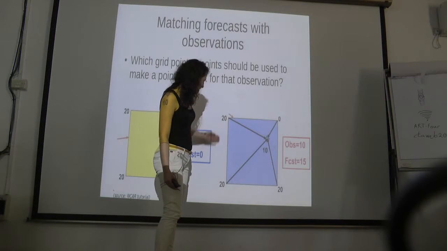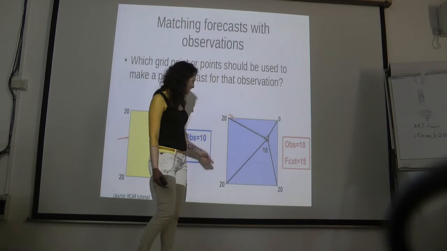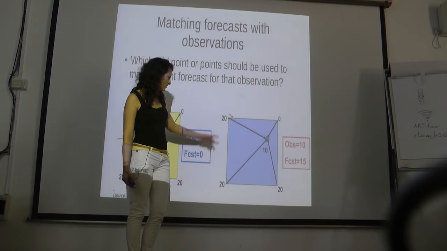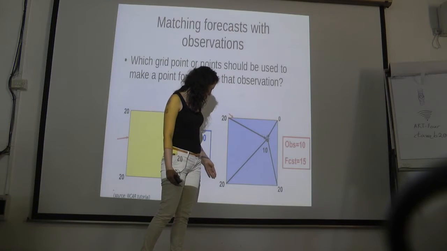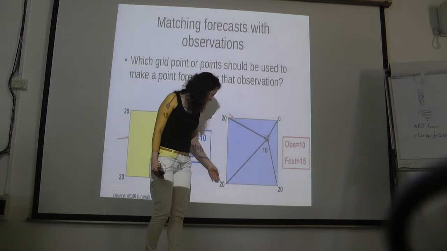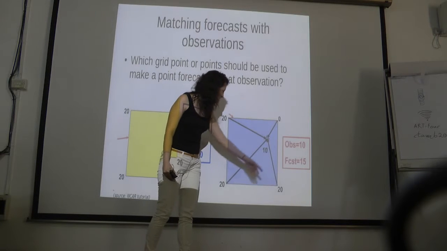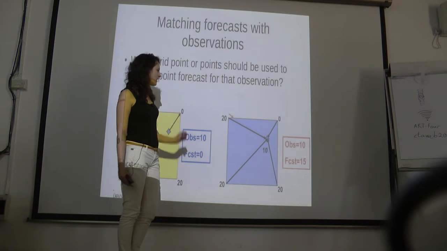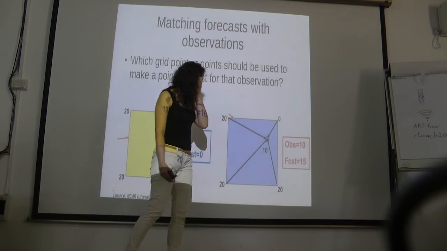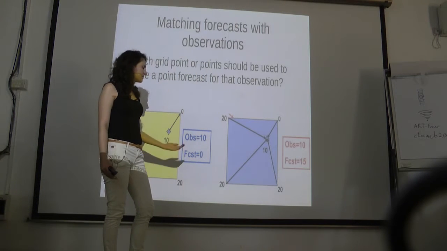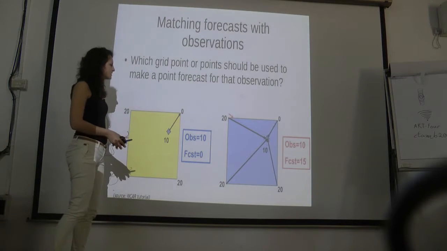In this example, there is just an average of all the values. So all of these grid points have a weight of 1, and then the average is 15, and your observation is 10. So the error is, in theory, reduced.